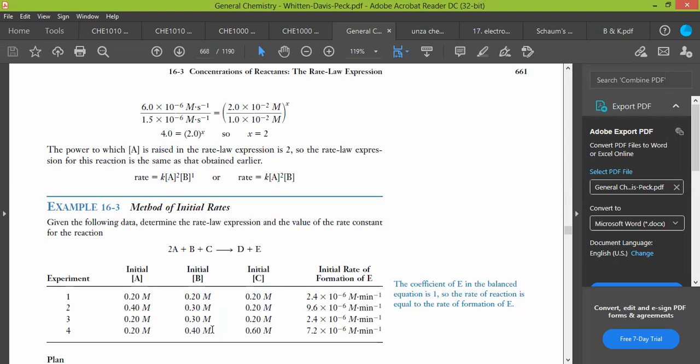So I've not started doing calculations. No, just by looking, I can deduce the order of the reaction. So this is what I was saying. Whichever angle the question comes from, you should be in a position to answer. If they ask you to answer using this method, you answer.